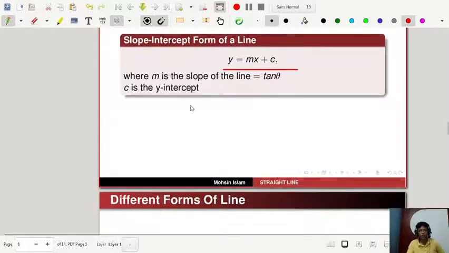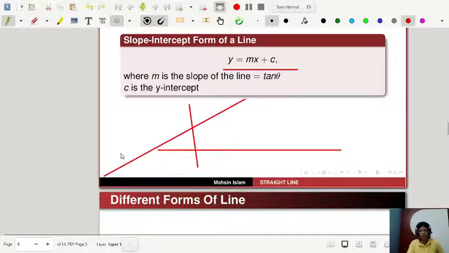Suppose this is the line intersecting, and its slope is m and this is the angle theta, then this line can be expressed in the form y equal to mx plus c. This is called the slope intercept form of a line, because this portion is c. C is called the y intercept.